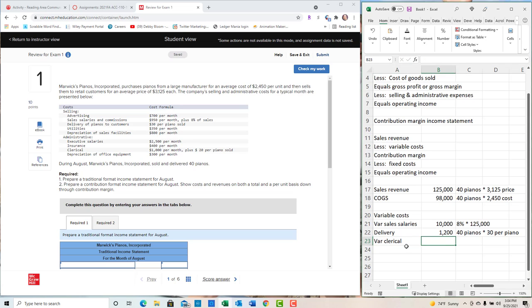So for our variable clerical, we're going to take the 40 pianos sold, multiply it by the $20 per piano sold. I put that in the wrong cell.